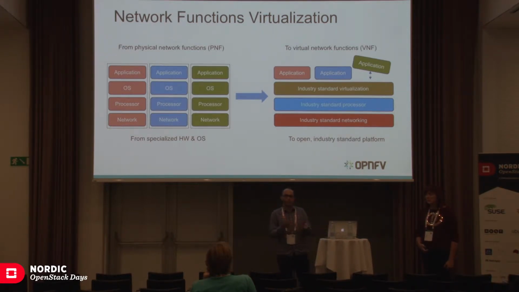And based on these concepts, ETSI came up with this NFV architecture a couple of years ago to standardize how the networks can be transformed, and cloud or virtualization concepts can be applied to networks.